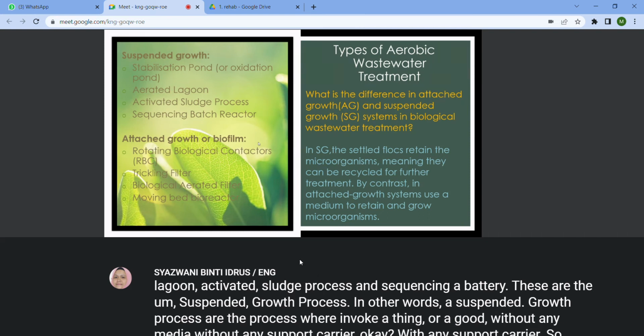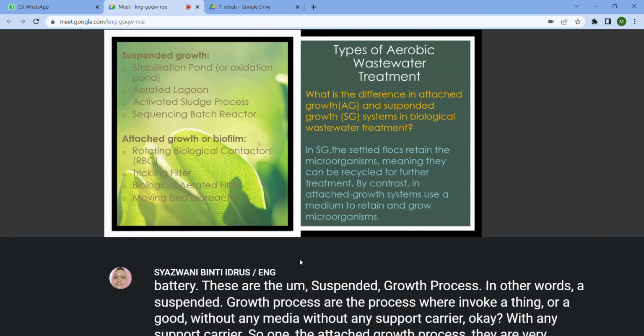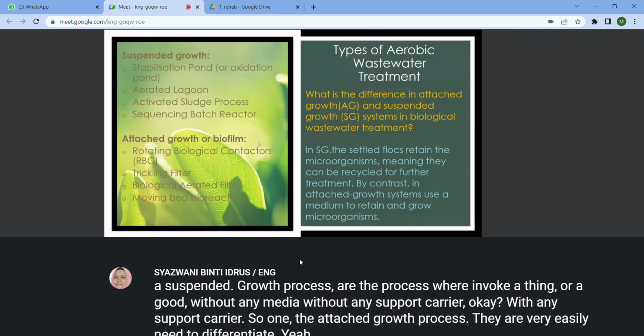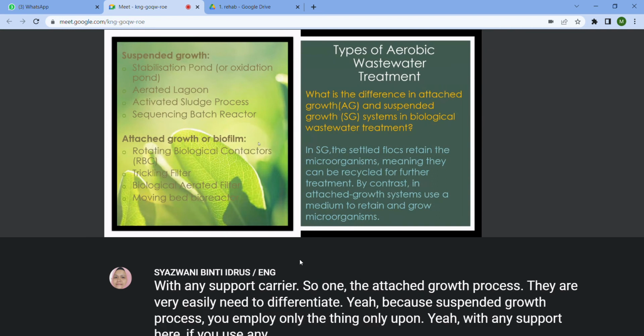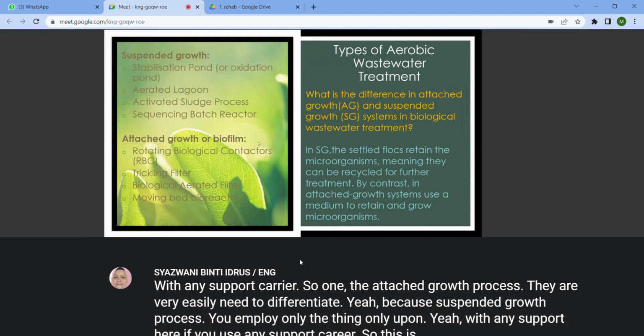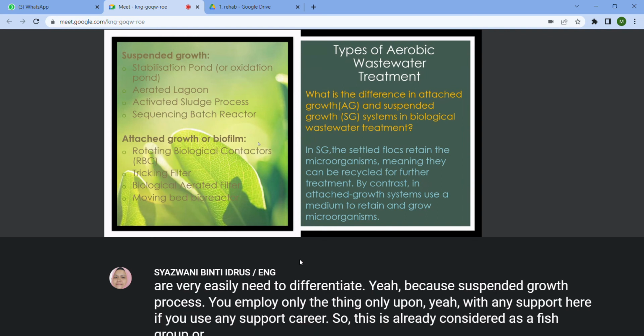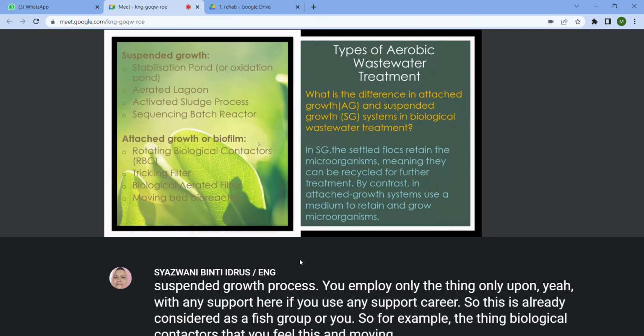The attached growth process is very easy to differentiate, because in suspended growth you employ only the tank or the pond, without any support carrier. If you use any support carrier, that is already considered attached growth or biofilm. For example, rotating biological contactors, trickling filters, biological aerated filters, and moving bed bioreactor.